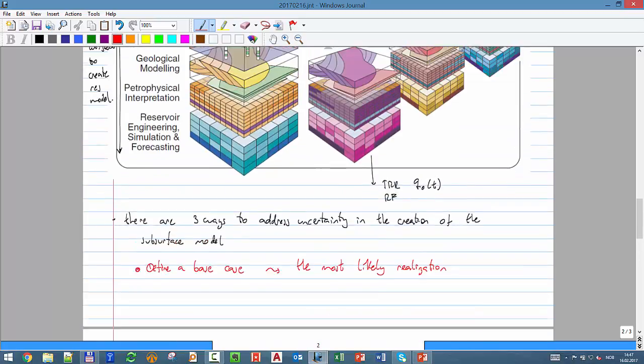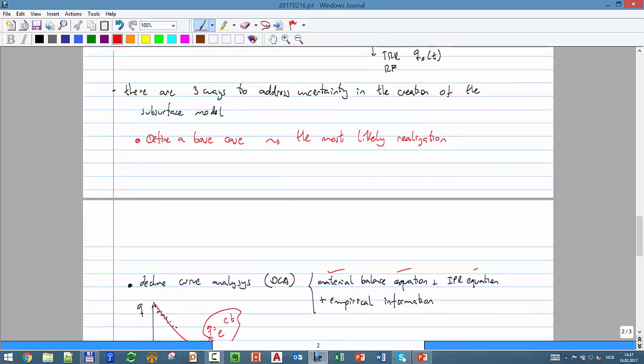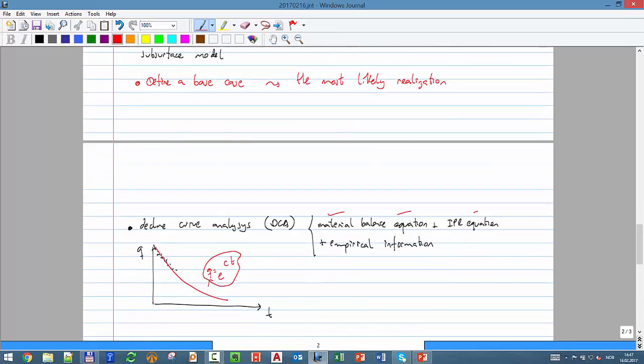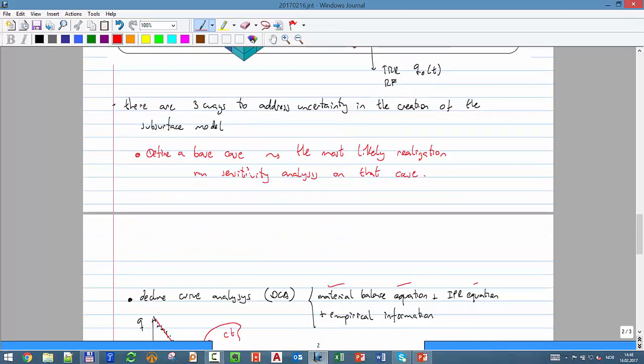You might have arguments for why to go for one or the other, but basically you choose the one that you trust, your geologist's best representation, and then you run sensitivity analysis on that case. Remember, put plus or minus if there is any variation of permeability, variation of saturation, variation of the length. You start, but all of them anchored on that base case that you think is the most likely case.